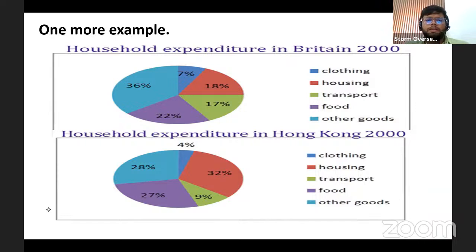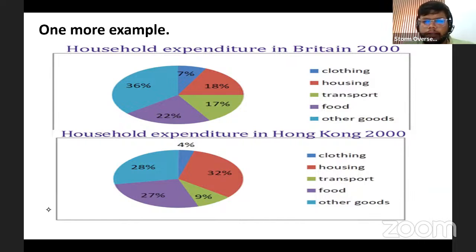I have already done what I'm going to mention. This blue portion, the sky blue one, is for other goods, which has decreased from 36 to 28. So we can say it is lesser in Hong Kong and more in Britain.